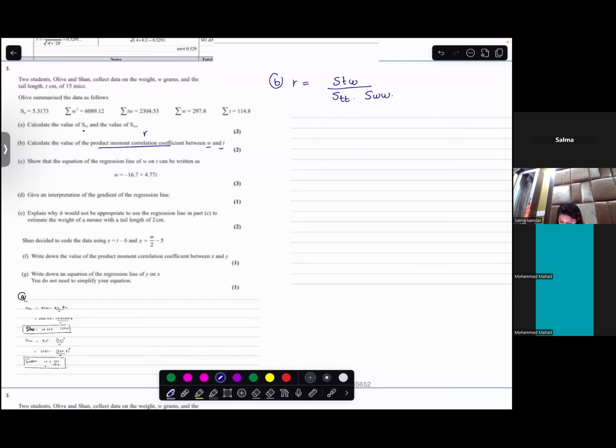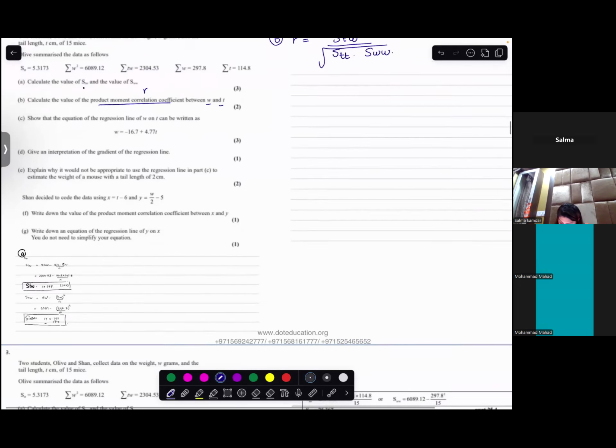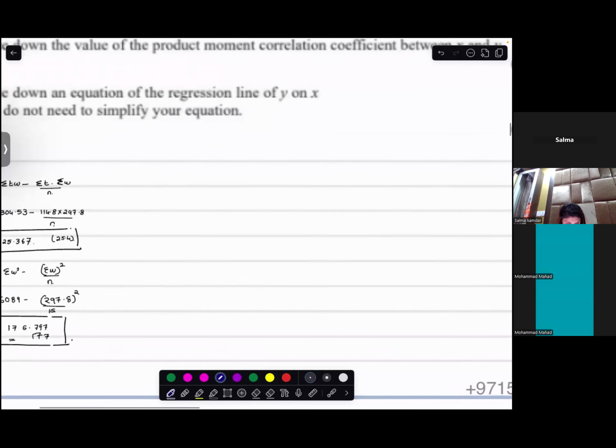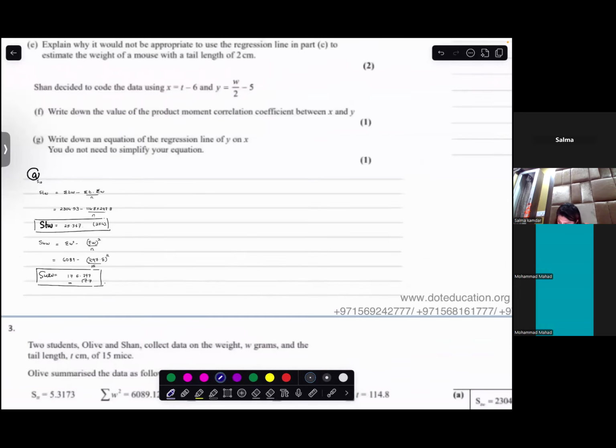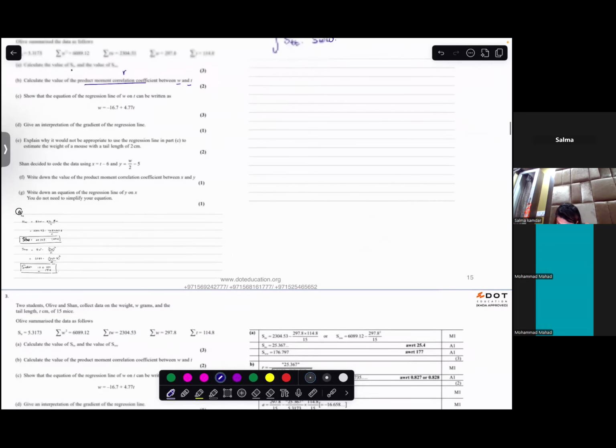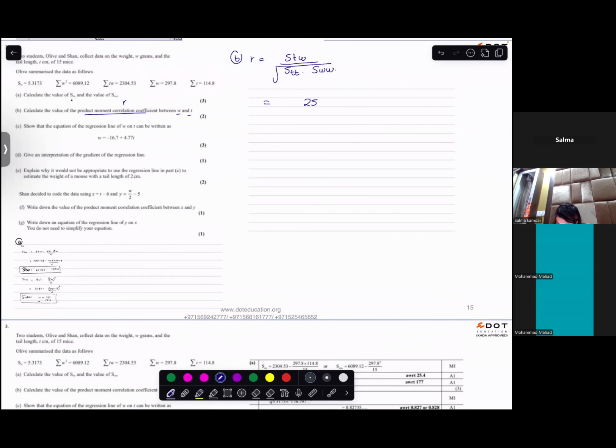Now we already found the STW. The denominator will be square rooted. What was the STW for us? STW is 25.4 and STT is 5.3173.